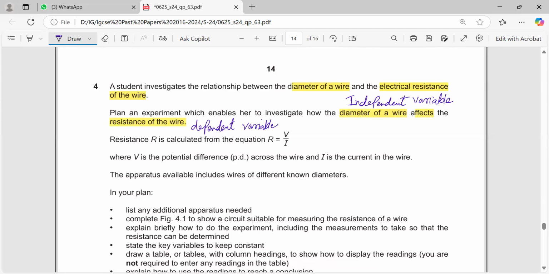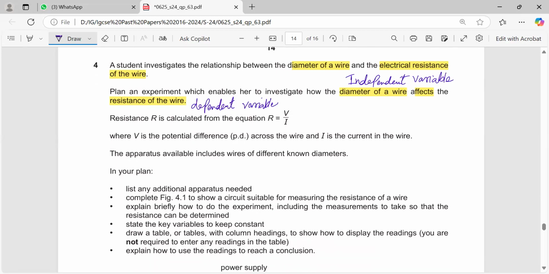As the diameter of the wire will be changed by the student while performing this experiment, the resistance of the wire will be automatically changed. This is very important to identify which one is independent and which one is dependent, because we are repeating the experiment by changing the value of the independent variable. Also, the first column heading in the table, if they are asking, is also the independent variable.